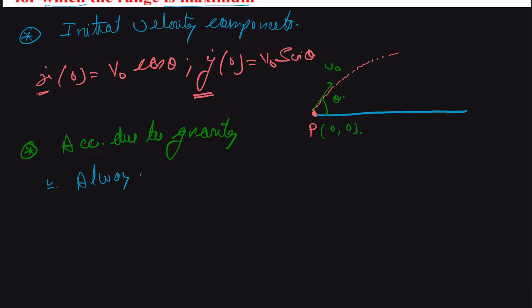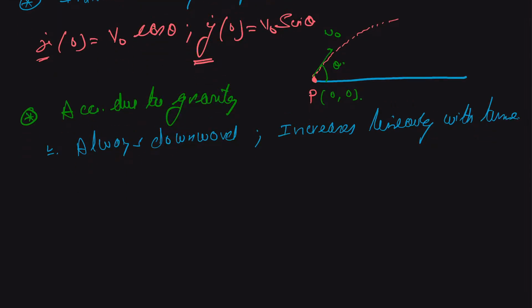And secondly, as per this question, it increases linearly with time. Linearly with time means we can write g of t is equal to alpha t.